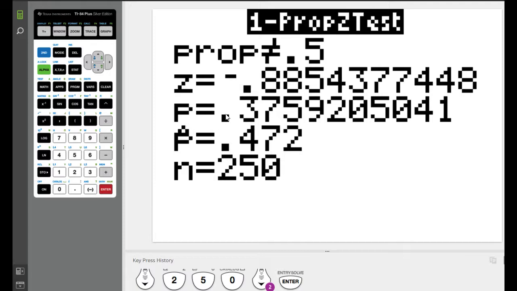The p is a 0.376 if we were to round to 3 decimal places. And your p-hat is found by taking x divided by n. So 118 divided by the 250 gave us that 0.472, which is close to that 47%. We're off a little bit because remember we had to round. So anyways, our p-value is a 0.376.